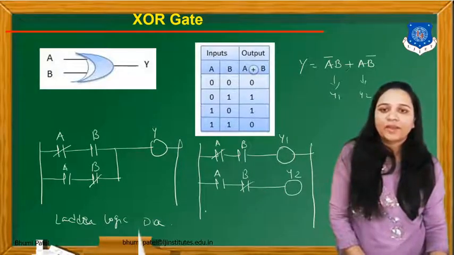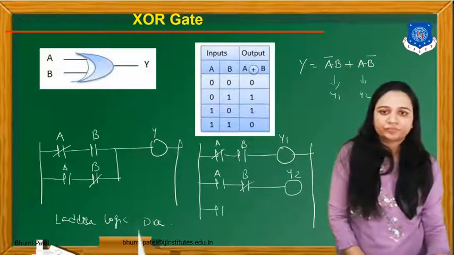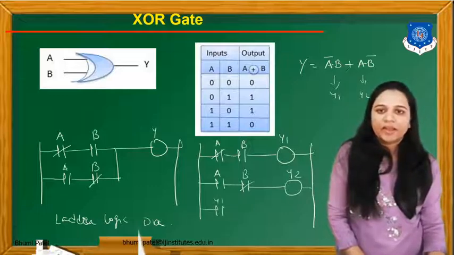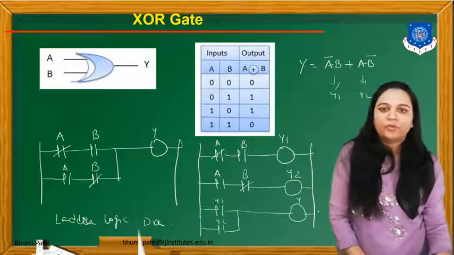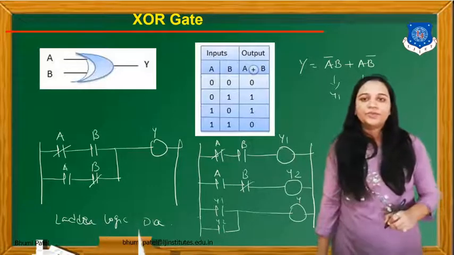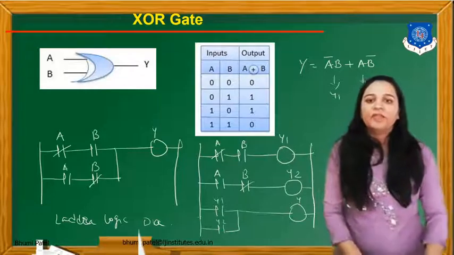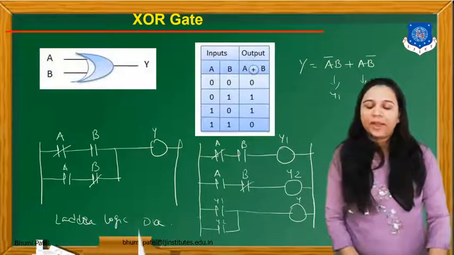So Y1 plus Y2 means we put them in the parallel connection, and this is my final output. So using the different gates, we have drawn the ladder logic diagram.